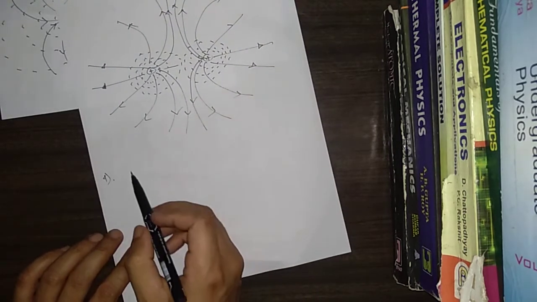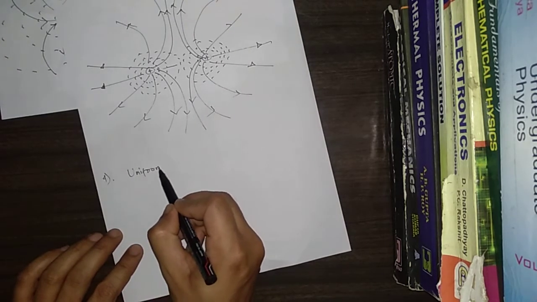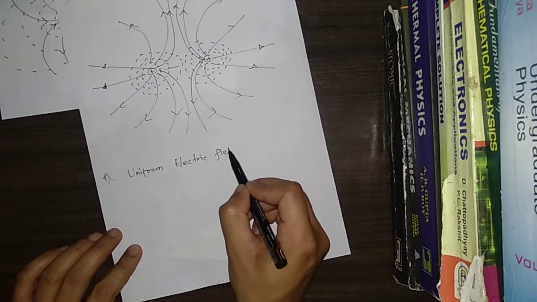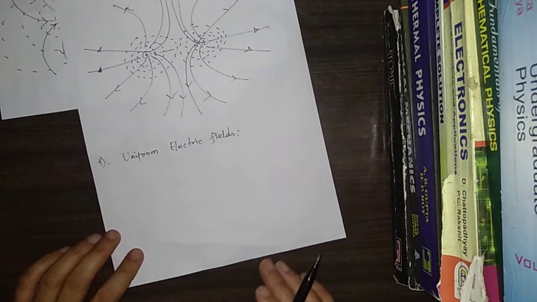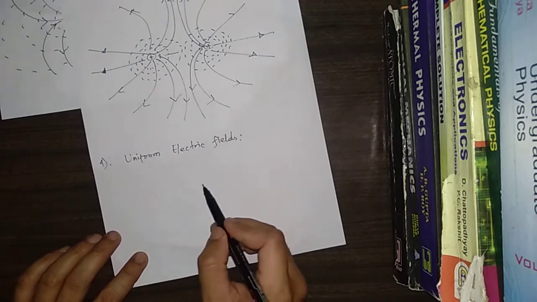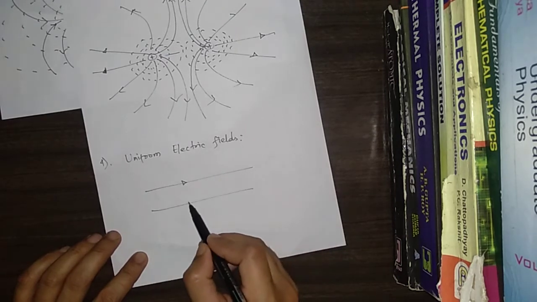So the last one: the equipotential surface of a uniform electric field. For a uniform electric field, suppose you have electric field lines towards this direction.